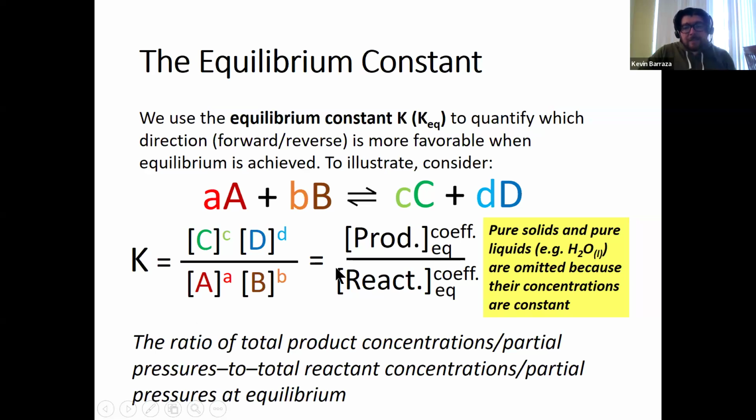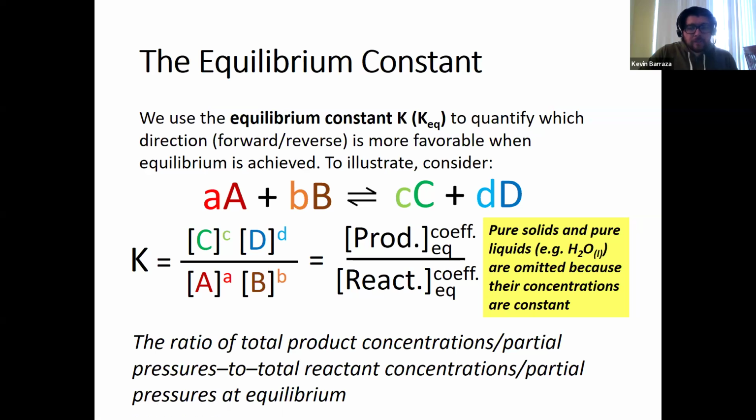What you're seeing is the product, meaning multiplication, of the product concentrations at equilibrium raised to their coefficients as exponents, divided by the product of the concentrations of reactants at equilibrium raised to their coefficients. So this is how we define that special ratio in the case where we have more than one reactant or more than one product.